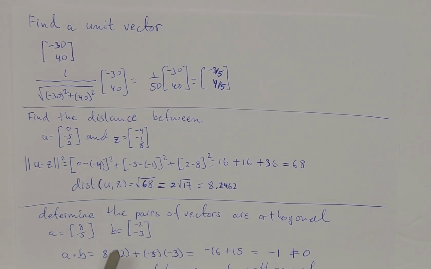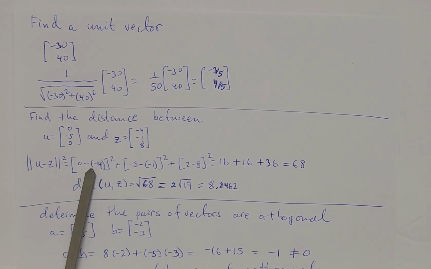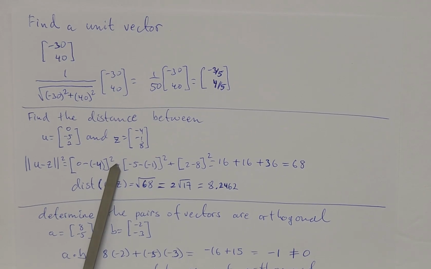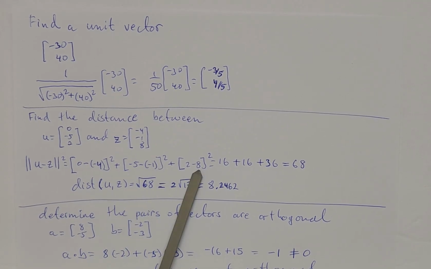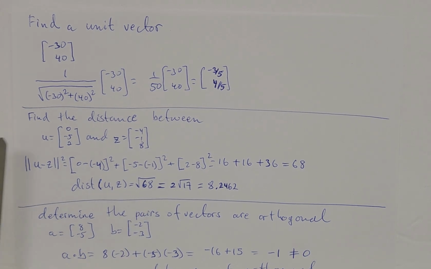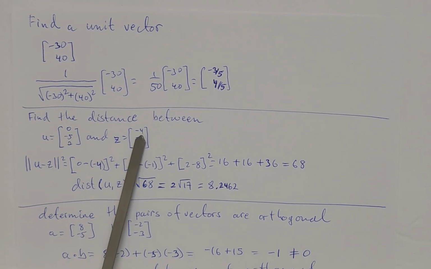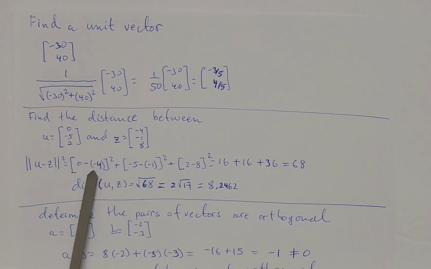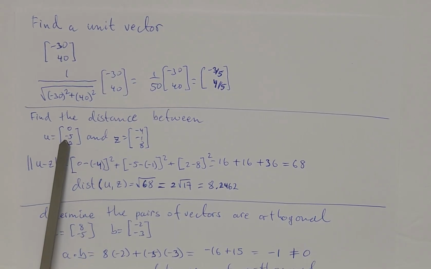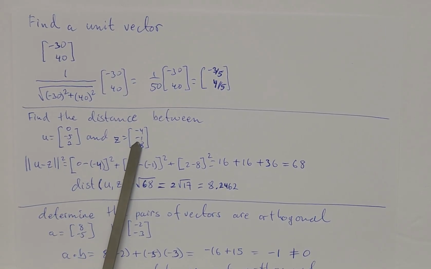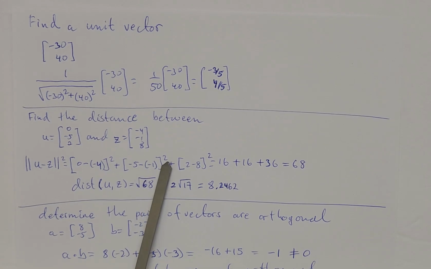Okay, next we find the distance between each of the vectors. It's very easy. All you have to do is subtract them, square them. After that, add for each one of the terms, and then after that, you will square root it. So 0 minus -4, square. -5 subtract -1, square.